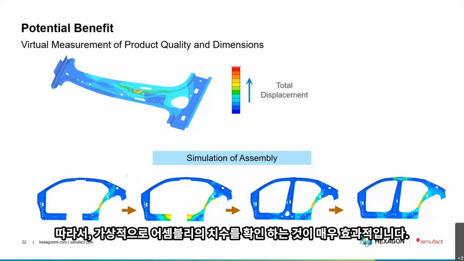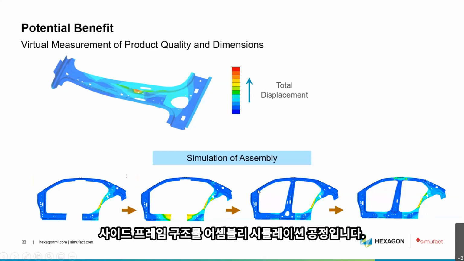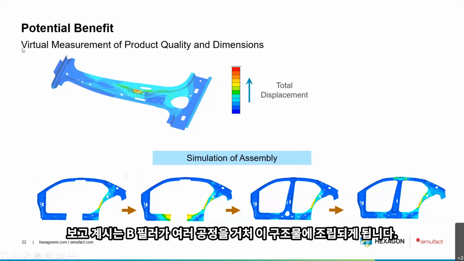Therefore, the possibility to run a virtual assembly can be very beneficial. As an example, you see here the simulated assembly process for the structural part side frame of the VW Jetta. You see here the B pillar as it is assembled into this structure in different stages.